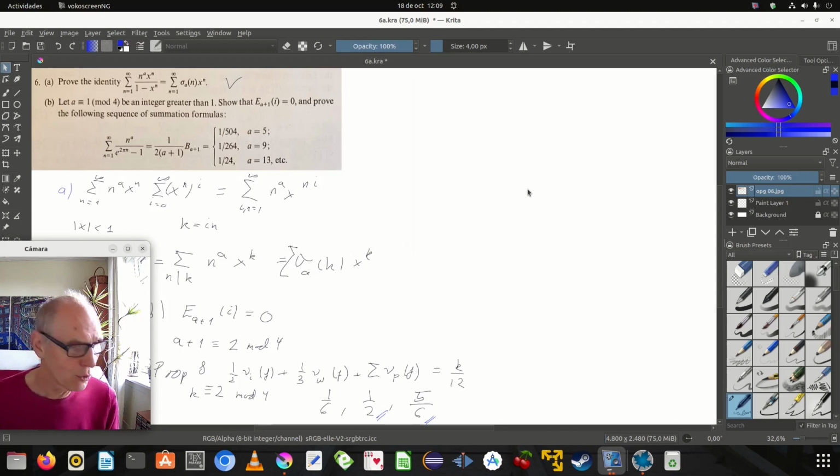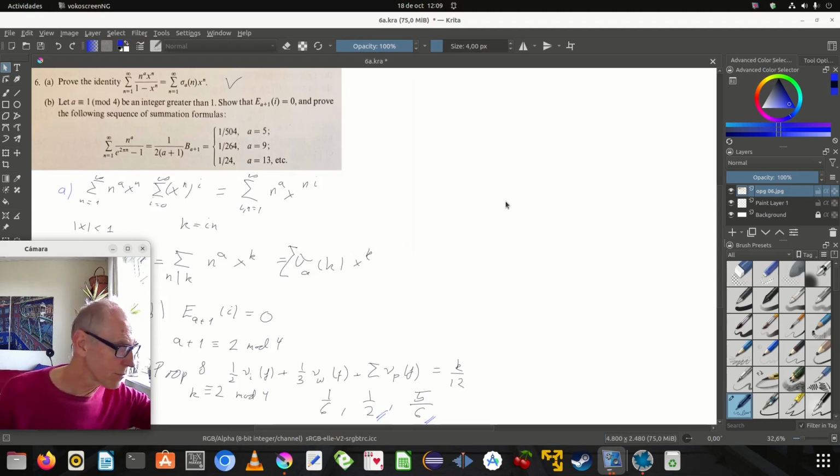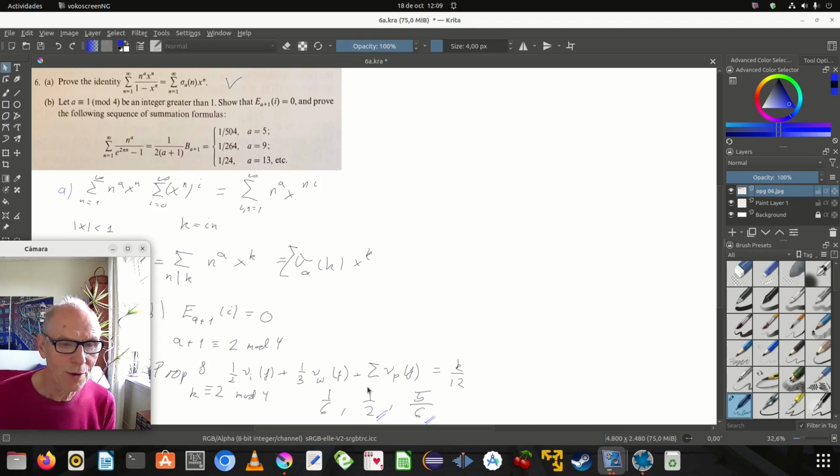Well, it is in the proof of proposition 9 that we can have a double root at omega and a single root here. So 1/2 plus 2/3, right, 7/6. All right.